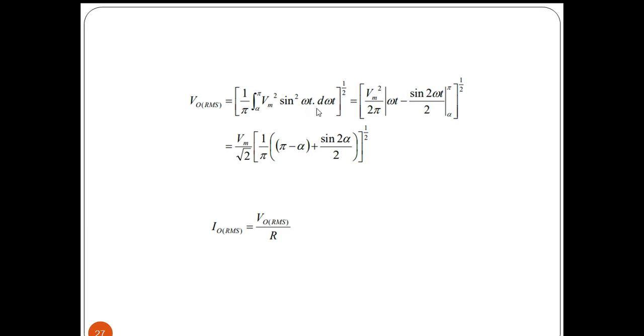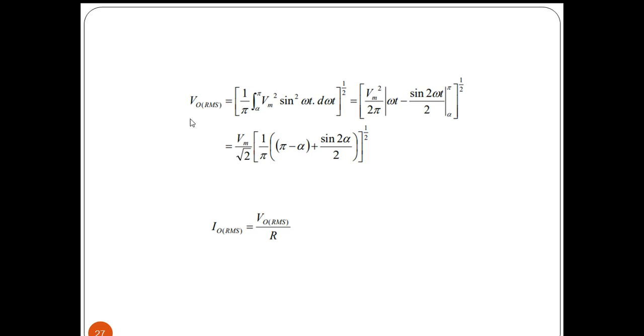Here sine square omega t, if we write in terms of cos, will be 1 minus cos 2 omega t by 2. If we integrate the 1 with respect to time, it is omega t, and the cos term integrates to sin 2 omega t by 2.